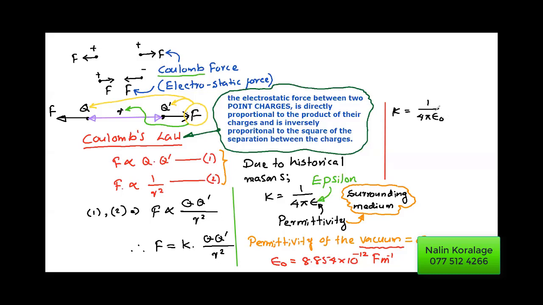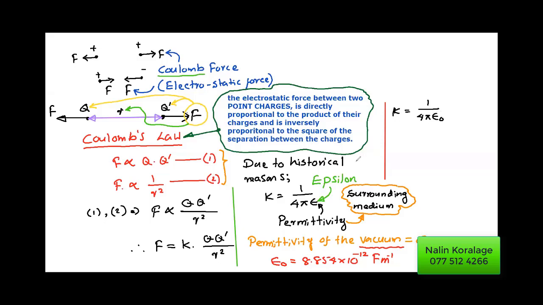When I write epsilon naught, you can understand this is the permittivity of the free space, the permittivity of the vacuum, meaning charges are surrounded by the vacuum, or simply charges are in vacuum or in free space. That's it, right?